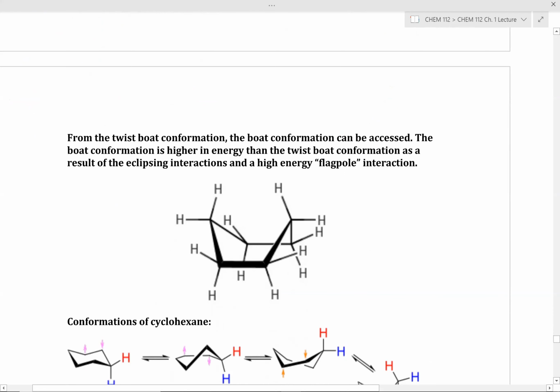The boat conformation is higher in energy than the twist boat conformation. And this is readily apparent if we pay attention to our flagpole substituents. If we look at these two flagpole substituents, we are experiencing a substantial steric interaction.